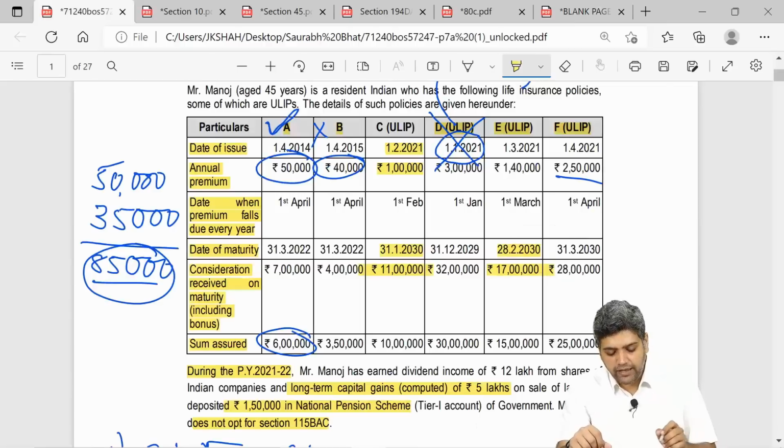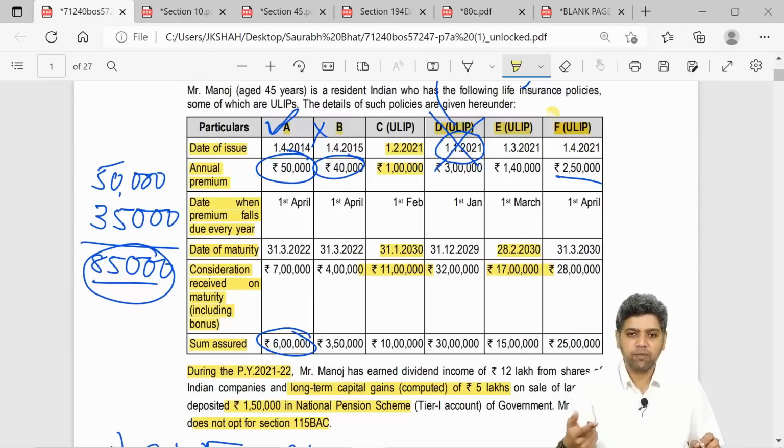The last option is that I take exemption only on policy F. Now for policy F, the premium payable every year is 2,50,000. Again, the date of issue is April 2021 and the maturity date is March 2030. So I hope you understand, again 9 years.